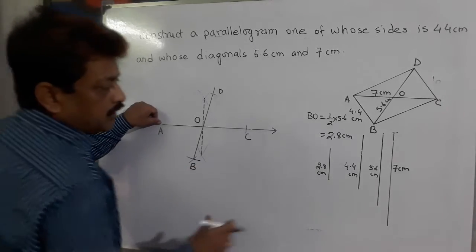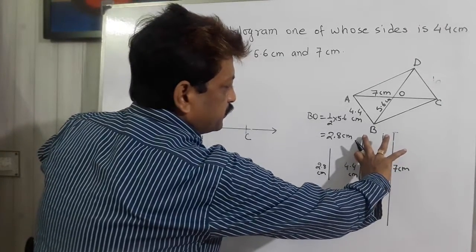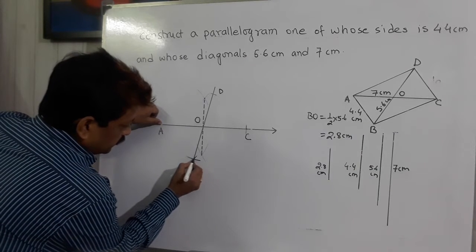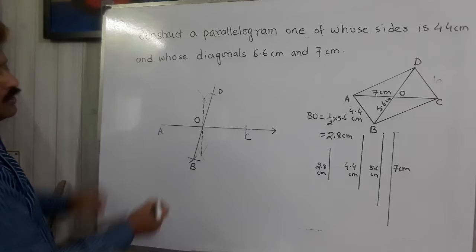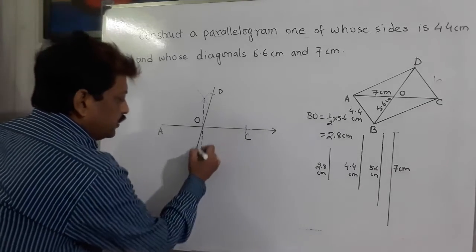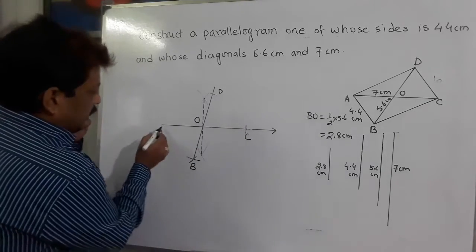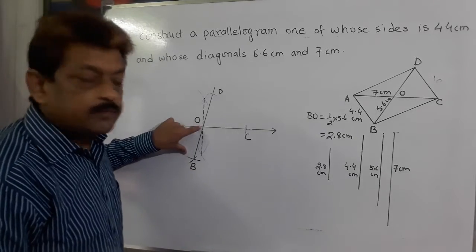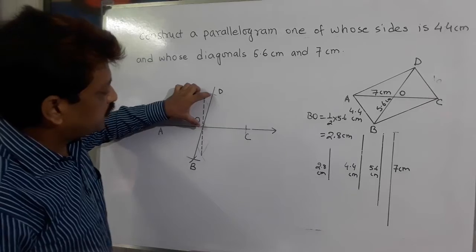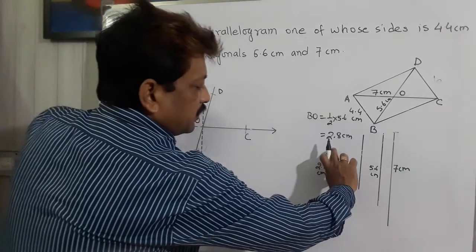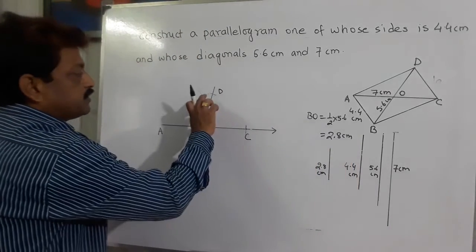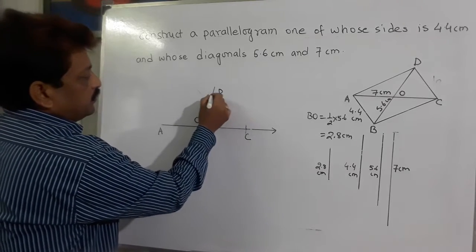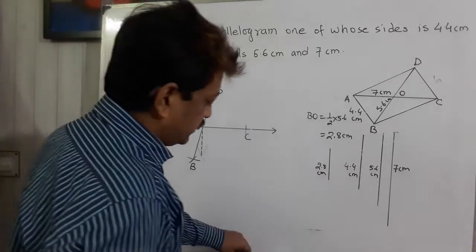And from A, I have taken the length 4.4 centimeter, and another arc is drawn to intersect the previous arc at B. This is B. So OB is 2.8 centimeter and AB is 4.4 centimeter. Now since OB is 2.8 centimeter, therefore OD is also 2.8. So 2.8 centimeter length is taken from here with the help of compass and an arc is drawn to cut this diagonal at D. This is the vertex D.